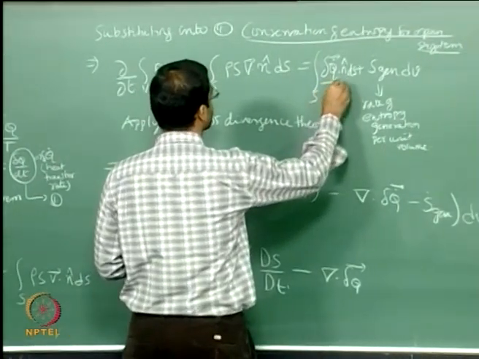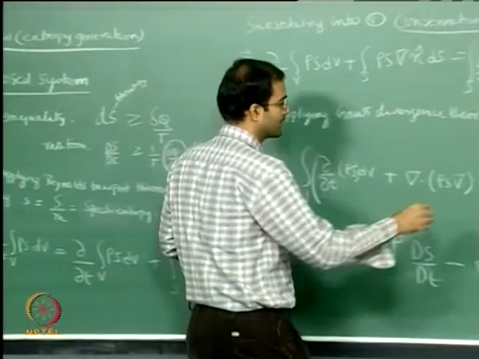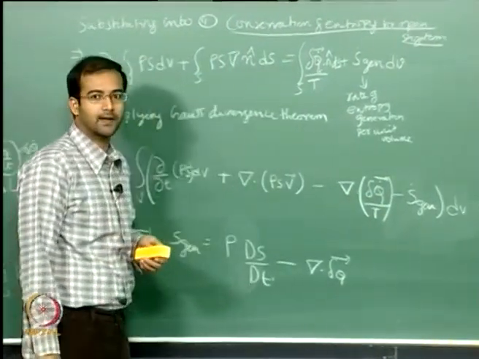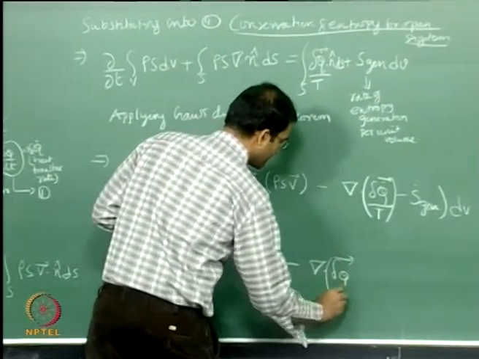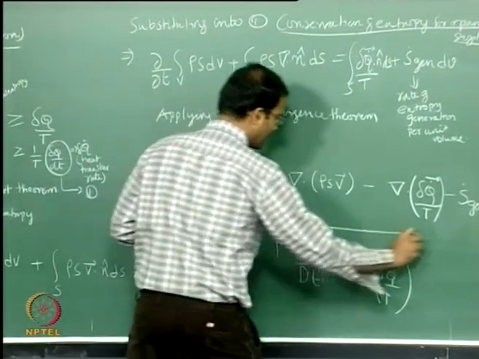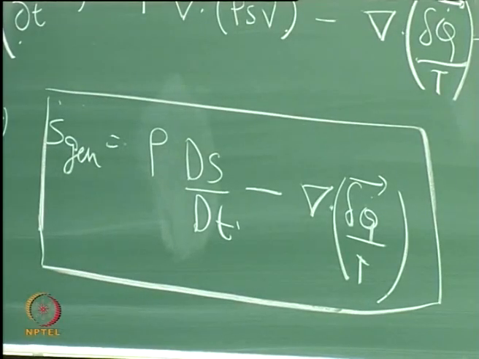I think I omitted by T because that is there in the Clausius inequality, okay. So this divergence operator is on this entire term, okay. So this is how I finally can calculate the rate of entropy generation.